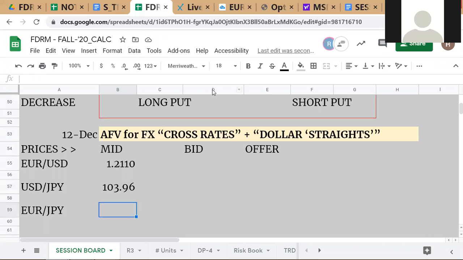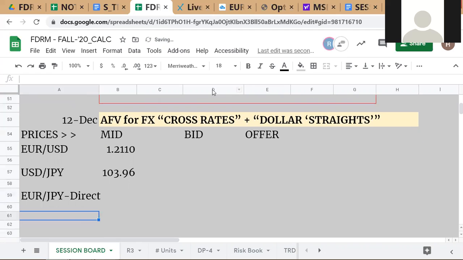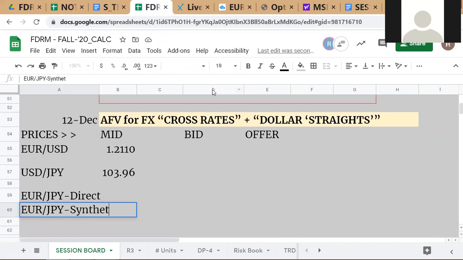So here, Euro JPY has to be written twice actually. And we also want to have a Euro JPY. So this is how we refer to it sometimes. We use the word synthetic, and in contrast, we use the word direct.